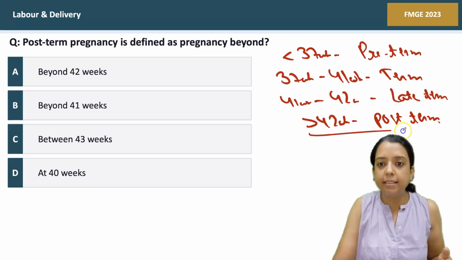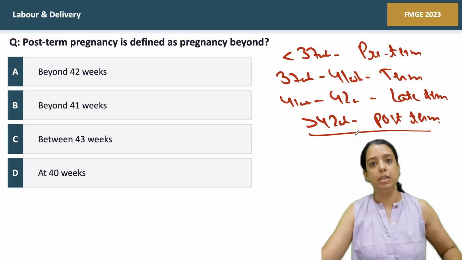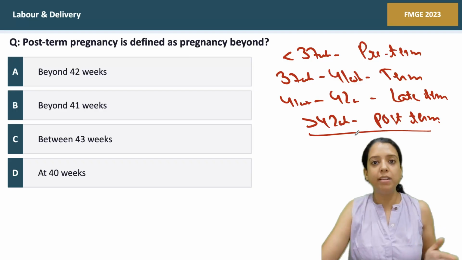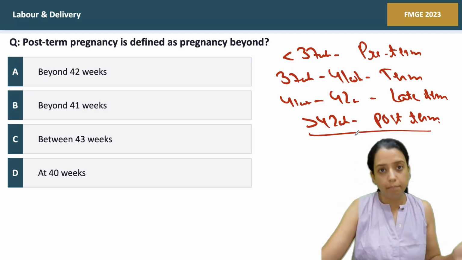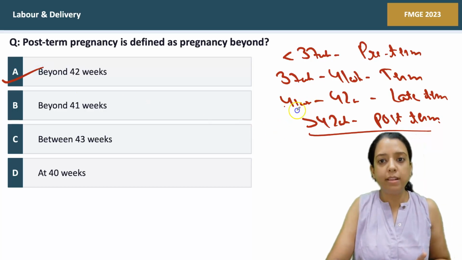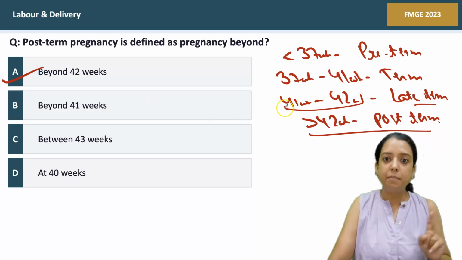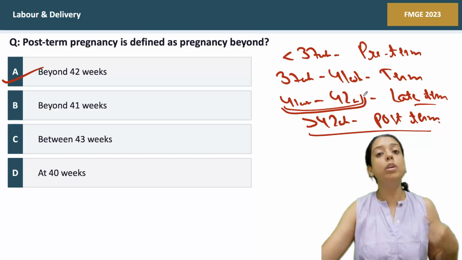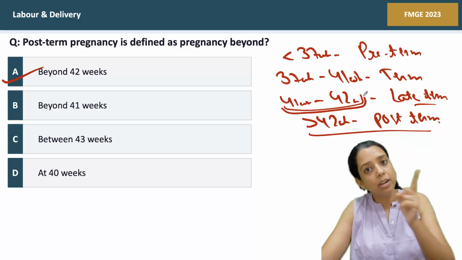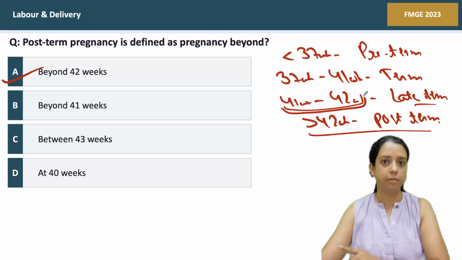Now this is a high risk time beyond which the baby should get delivered. So that is why they say beyond 42 weeks, an aging placenta, is post term. 41 to 42 weeks they have labeled as late term. It means in this period, try to deliver the baby. Try to deliver the baby in late term and not let it go beyond post term.